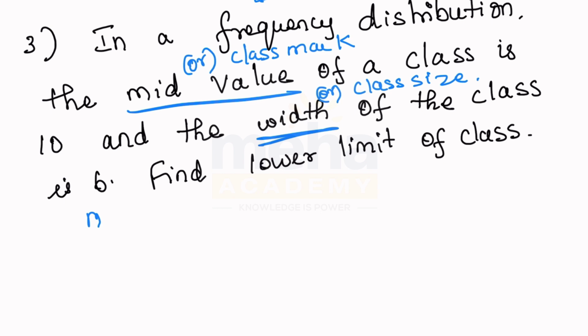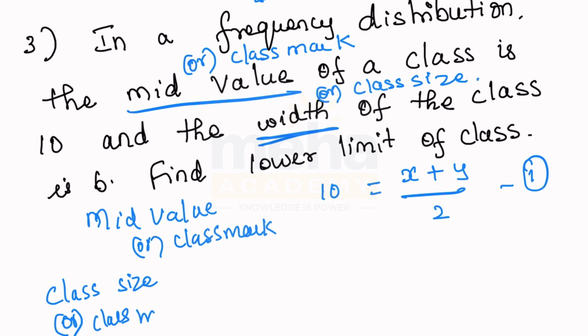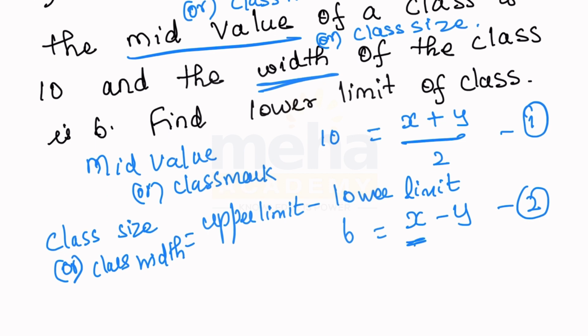The mid value or class mark is given by the formula: 10 is equal to (upper limit plus lower limit) over 2. We'll have this as equation number 1. Then class size or class width is given by upper limit minus lower limit, so 6 is equal to x minus y. This is equation 2.